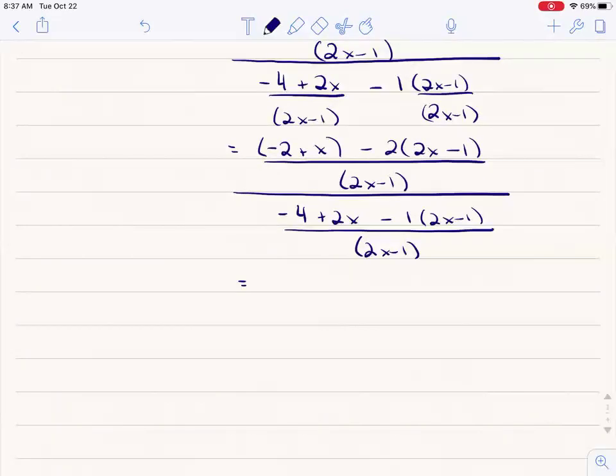So I'm going to have negative 2 plus x, which doesn't need brackets around it anymore, since there's no multiplication. Minus 4x plus 2, after you bring in that minus 2, still over 2x minus 1.